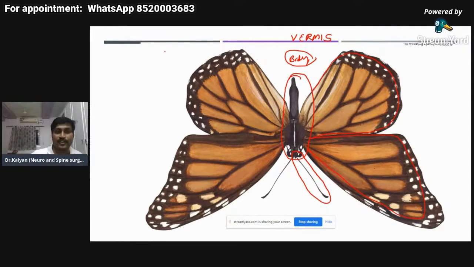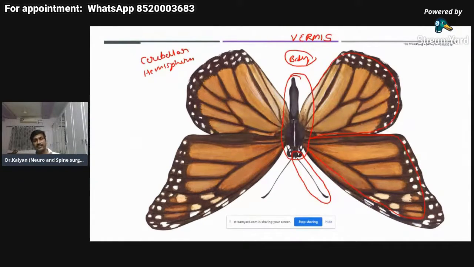These wings are known as the cerebellar hemispheres. So the cerebellum is just like a butterfly: it has a body, known as the vermis, and wings, known as the cerebellar hemispheres.